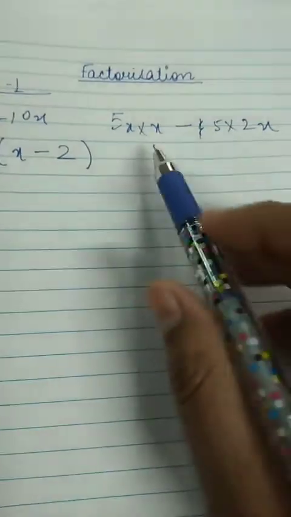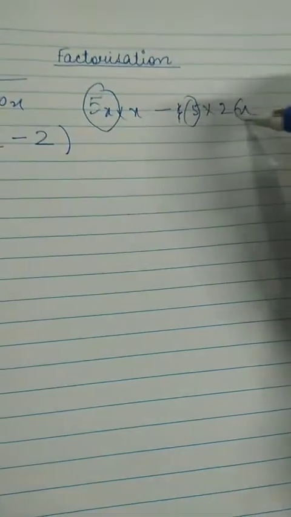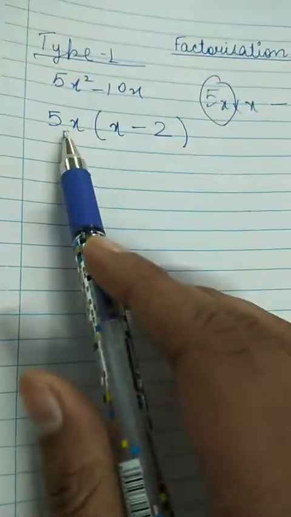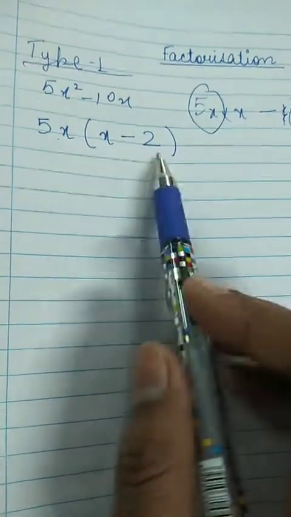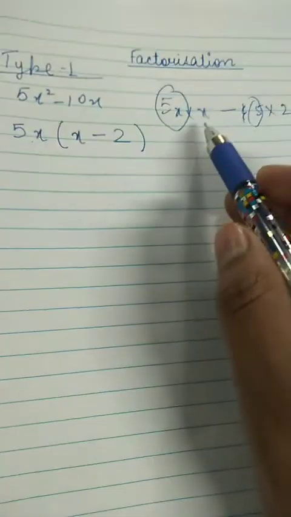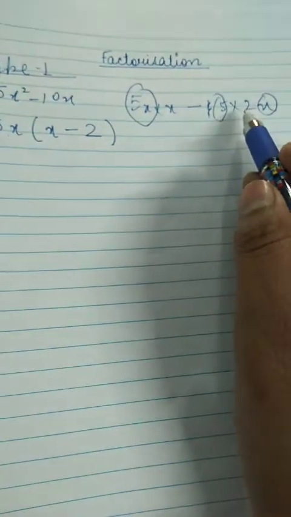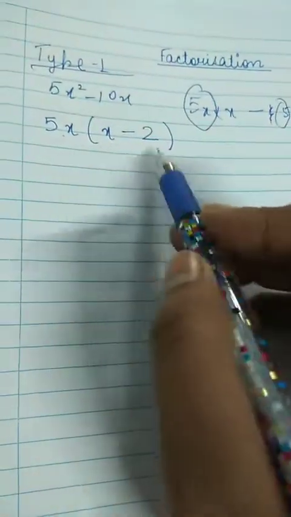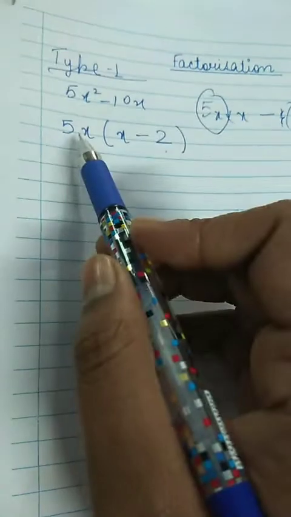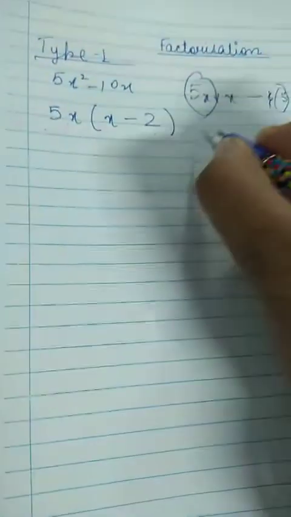So 5x square can be written as 5x into x, and 10 can be written as 5x into 2. So 5x is common in both, so we can take this common out and write the rest of what is left. From here you can see x is left and 2 is left. Whatever is left we write inside the bracket, and whatever is common we write outside the bracket. This is the final required expression.